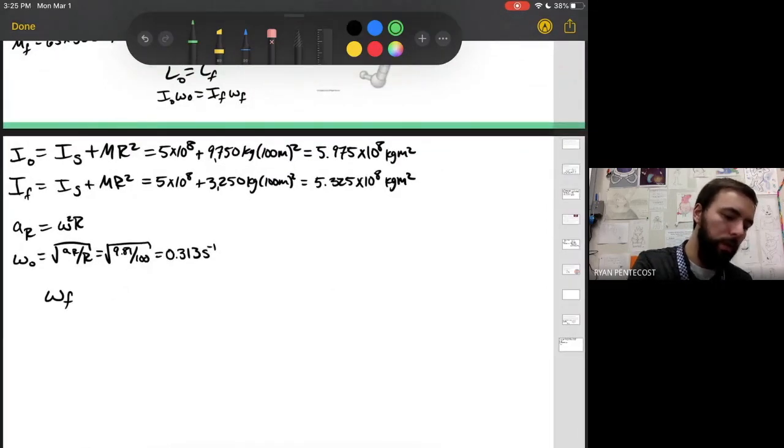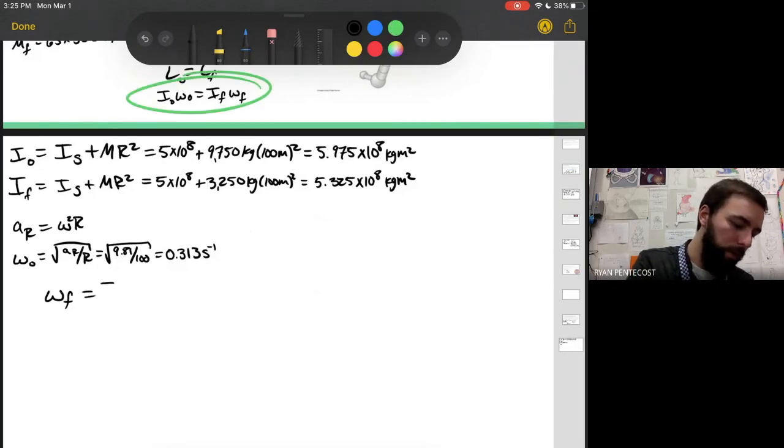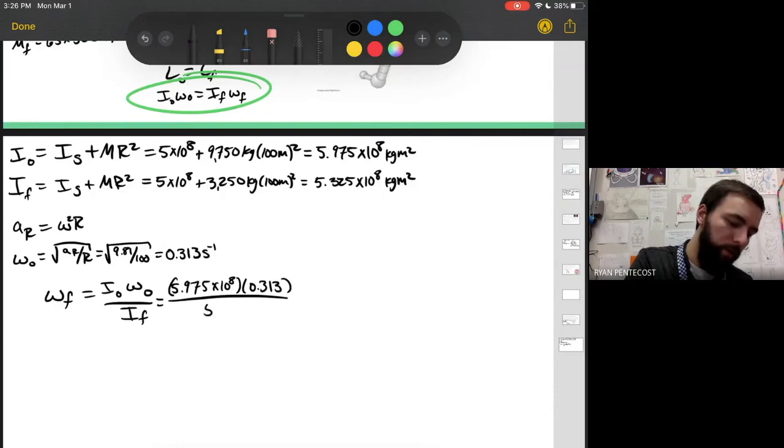Okay? So we have everything we need to solve for omega final. Using this equation up here, omega final is initial moment of inertia times the initial angular velocity divided by the final moment of inertia. So we have 5.975 times 10 to the 8th times 0.313, all divided by 5.325 times 10 to the 8th.